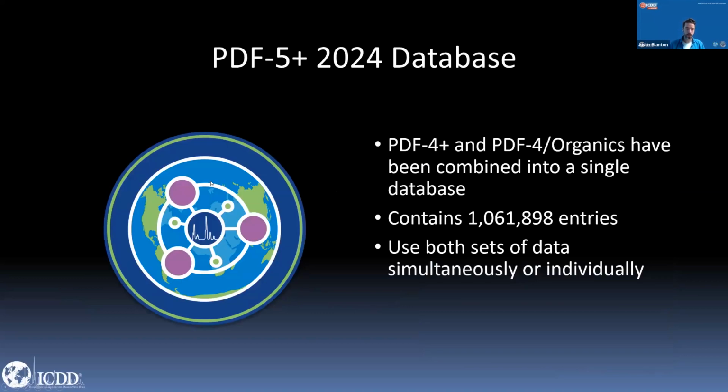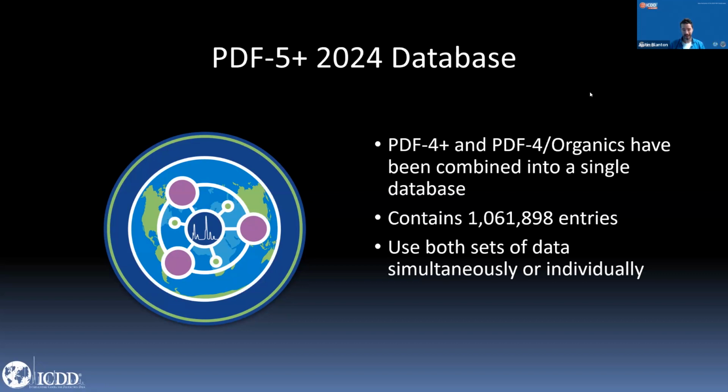Okay, so the first thing I want to talk about is the new PDF5 Plus 2024 database. The PDF4 Plus and PDF4 Organics databases have now been combined into a single database. So if you're a user of a PDF4 Plus database or a user of a PDF4 Organics database, you're now going to transition into the new PDF5 Plus database.